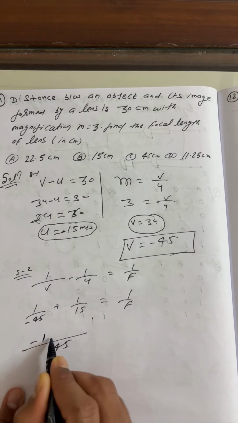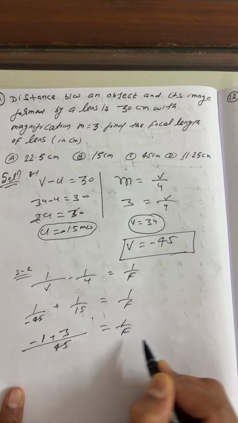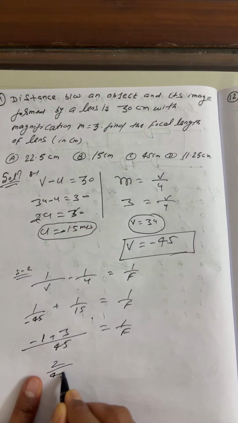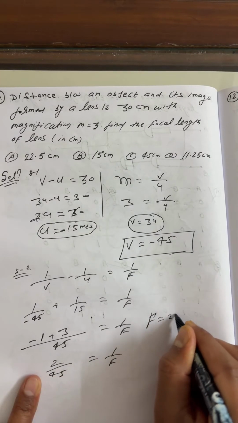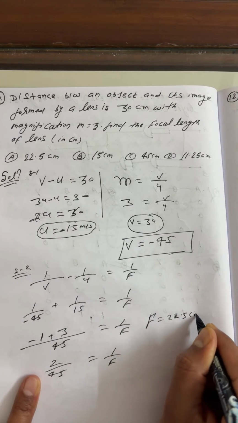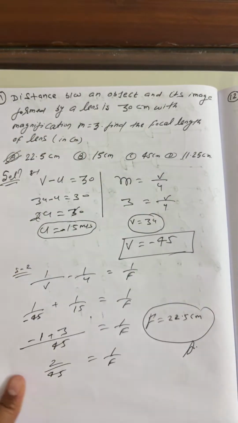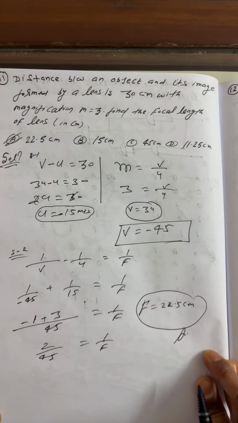So this is minus 1 plus 3 equals 1 by F. Beta, this is 2 by 45 equals 1 by F. So F you will get 22.5 centimeter. Option A is correct, right?